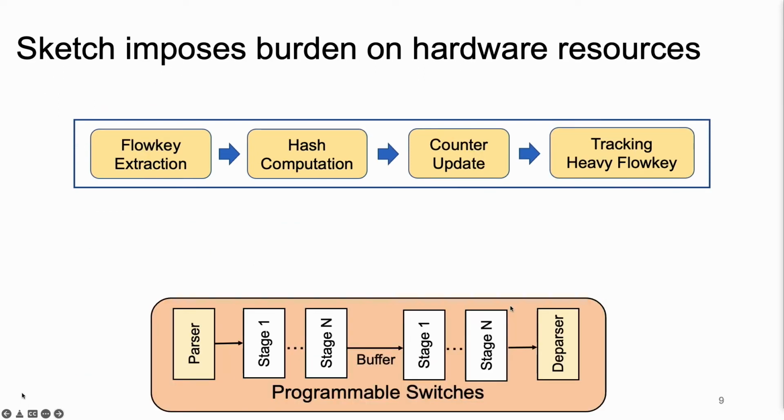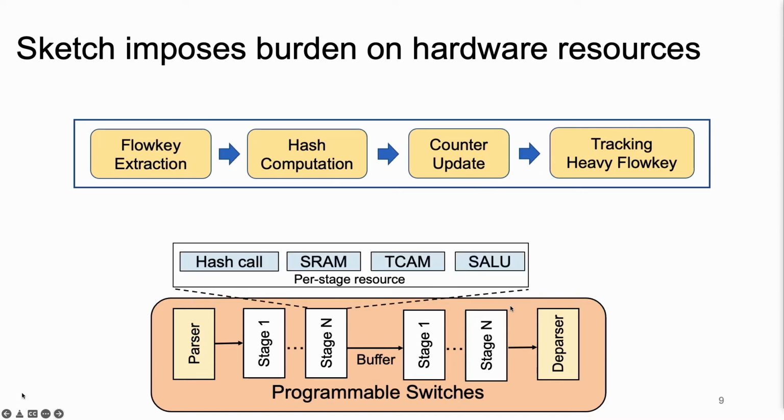Then let's take a look at background on the programmable switches to see how sketches impose bottlenecks on them. For our work, we use the Tofino programmable switch. The programmable switch has a pipeline stage architecture, and each pipeline stage has a limited amount of resources for sketches. If we take a look at per-stage resources, there is hardware called a hash call, which can execute one hash computation.